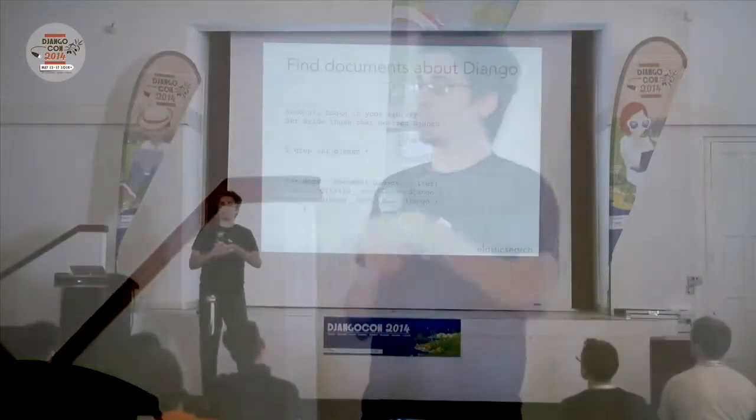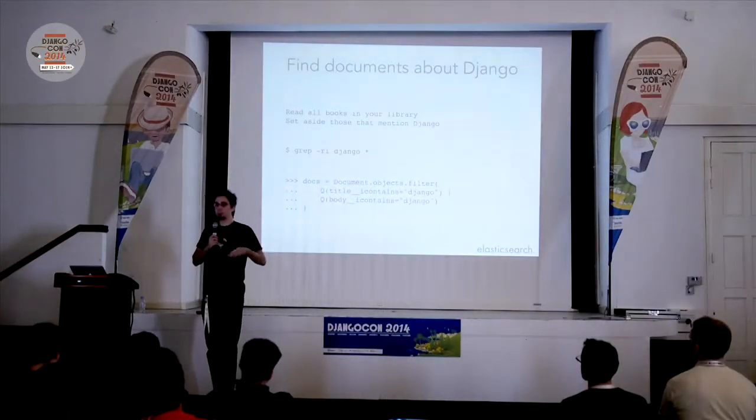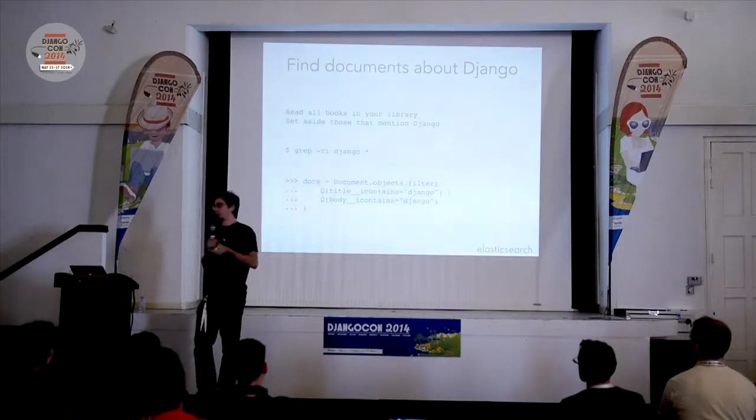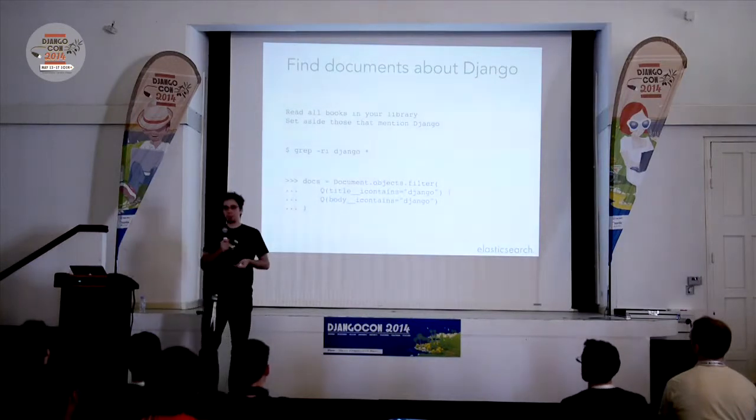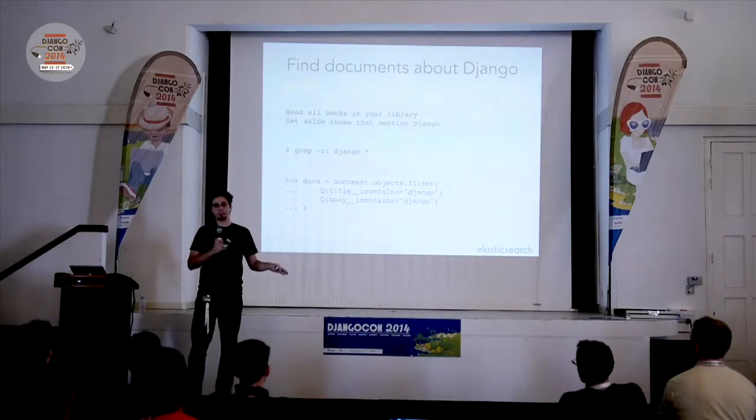So how do you implement this? The first naive approach: if you have a bunch of books in your library and you want to see which one of them actually mention Django, the first thing you do is sit down and read every single book you have in your library, and put aside all those that mention Django.